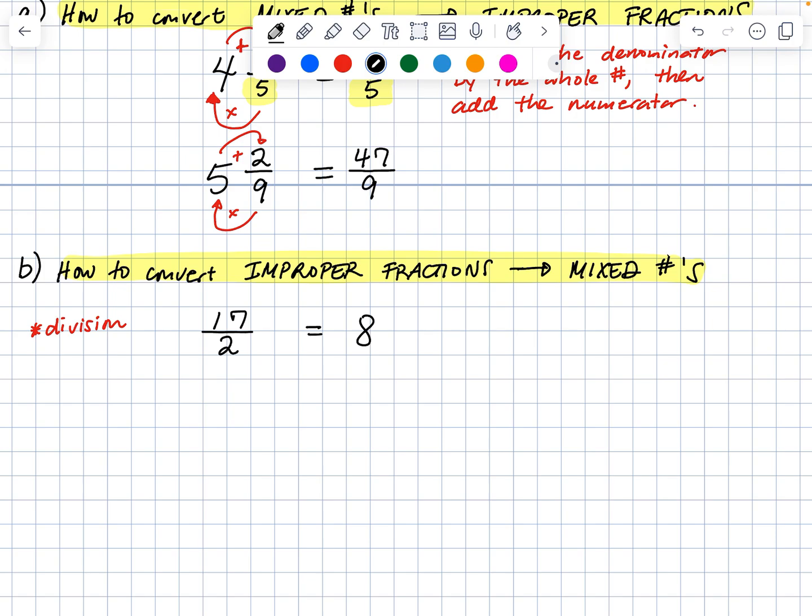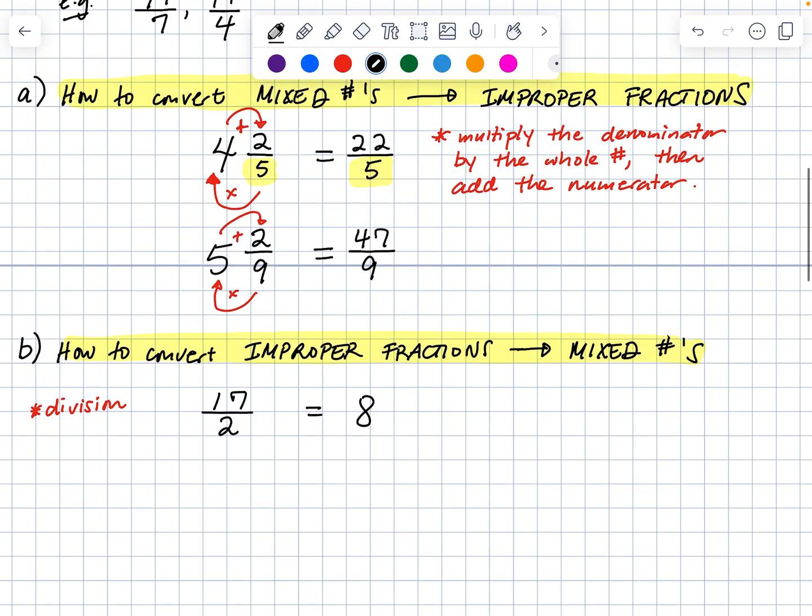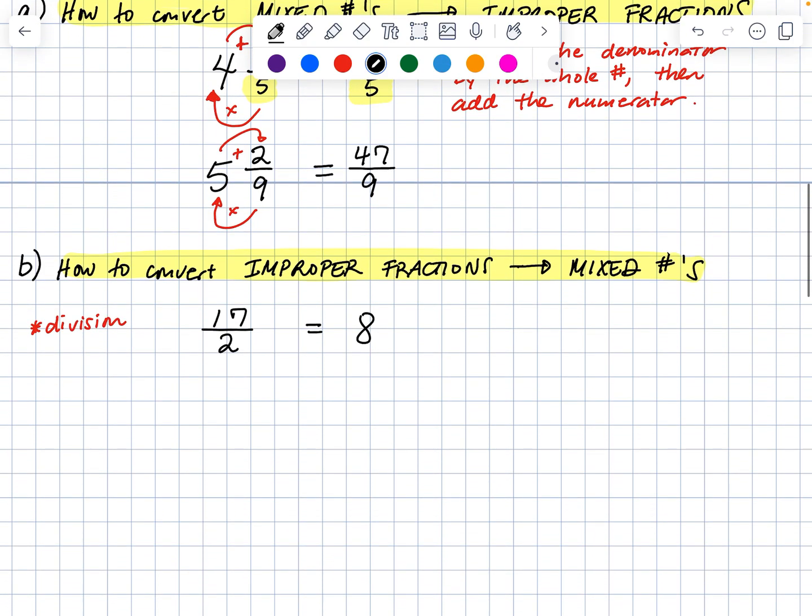Okay, so whatever the remainder is becomes the numerator of the fraction. Like in the process described above from mixed numbers to improper fractions, you are going to keep the same denominator. So in this case, it's 2, right? So remember, and I should have said that first, the denominator always stays the same, okay? Now, if 8 times 2 is 16, how much more do we need to get to 17?